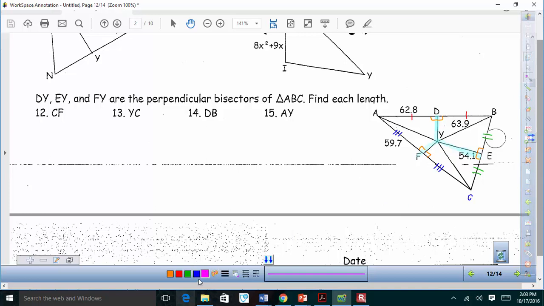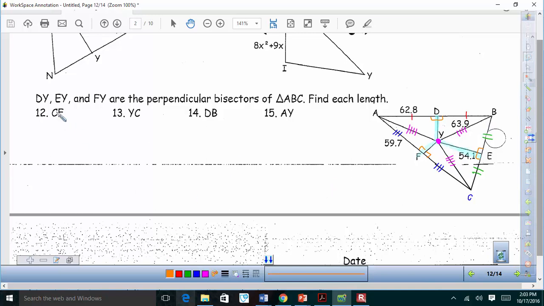There's one last thing we've got to look at. What does that mean about the line going from the circumcenter to the vertices? What does that mean about AY, YB, and YC? They're equal. Because it's going from the circumcenter to the vertice. Okay? So we have labeled everything that is congruent.